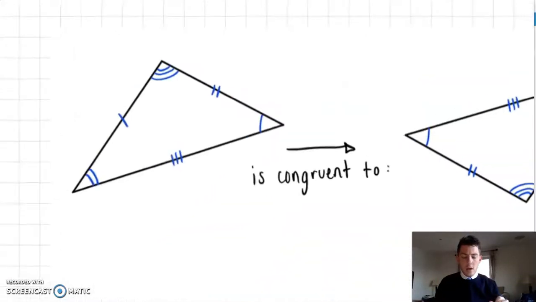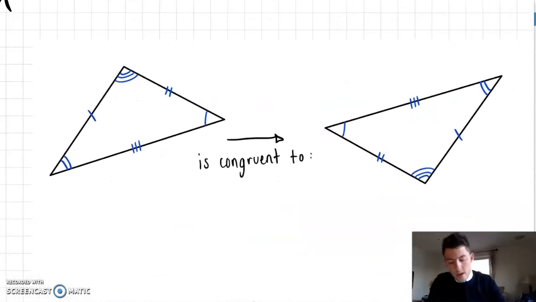Congruent. You're going to see this notation coming up. This dash here means that this length is equal to this length here. A double dash, you can guess it, this length equals this length, and a triple dash, same thing applies.